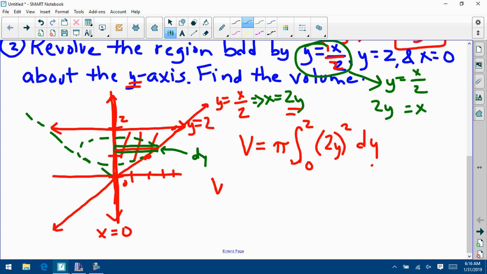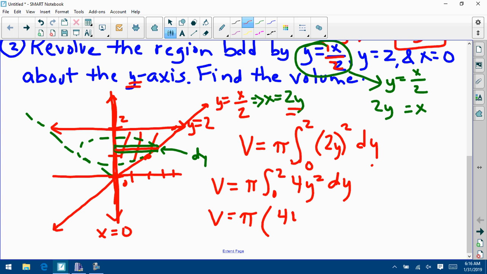Okay, let's evaluate pi times the integral from 0 to 2. That's really 4y squared. Make sure you square both pieces there, dy. So volume is going to equal pi times 4y squared becomes 4y cubed over 3, evaluated from 0 to 2.